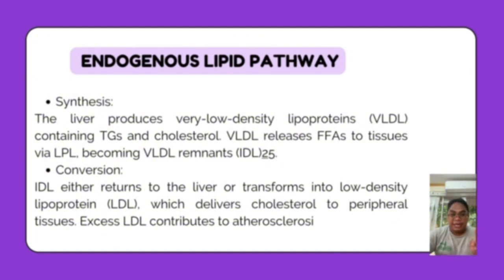VLDL releases FFAs to tissues via LPL, becoming VLDL remnants. In conversion, IDL either returns to the liver or transforms into low density lipoprotein or LDL, which delivers cholesterol to peripheral tissues.